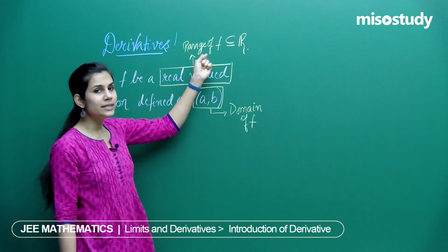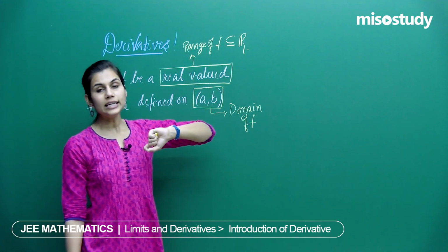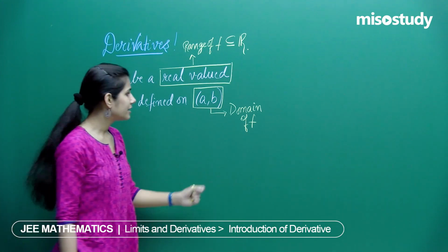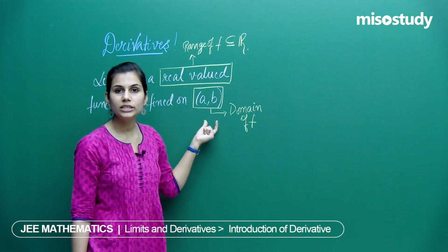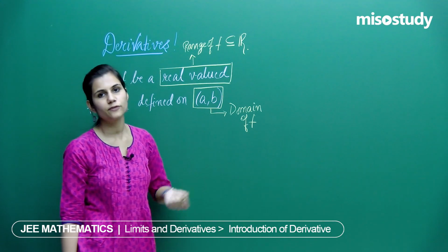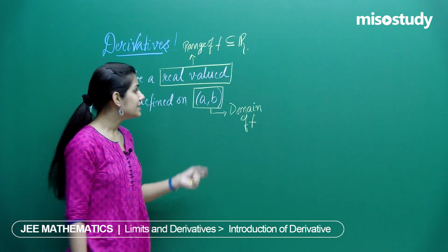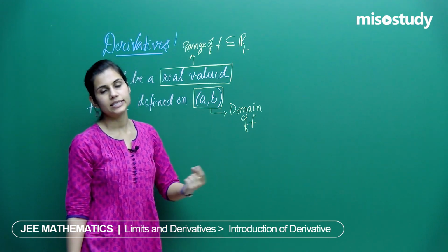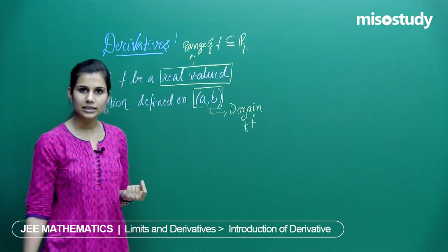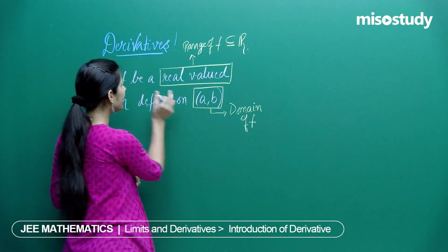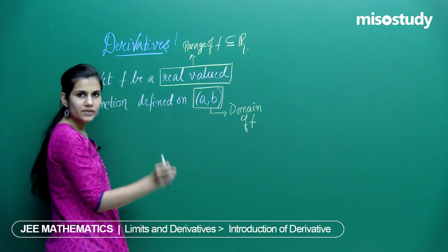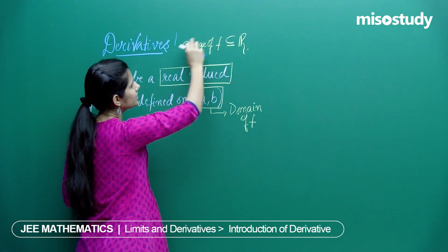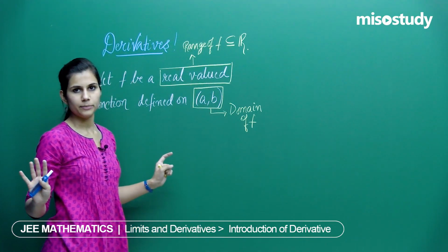That means every element sitting in the range is a real number, and every element in the range is nothing but the output produced by the machine f corresponding to the inputs coming from this open interval. Understood? So a comma b is the domain, all the points for which f is defined, and the set of all the f of x's is the range, which are real numbers.